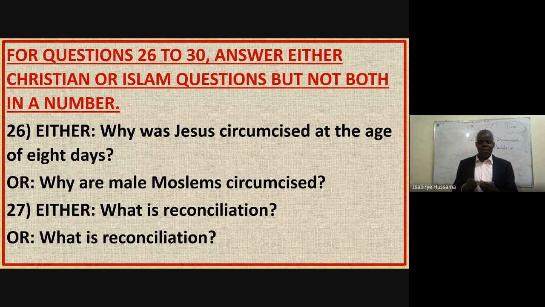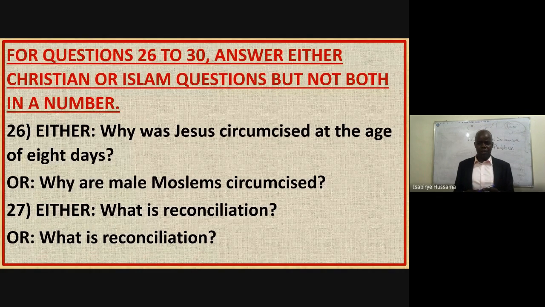Now, today, even non-Muslims circumcise, but not for religious belief. They circumcise for the scientific part of it, which is to reduce the risks of one getting HIV, AIDS, or sexually transmitted diseases. That's why the Ministry of Health today is encouraging families or parents to take their children, even adults, for circumcision.